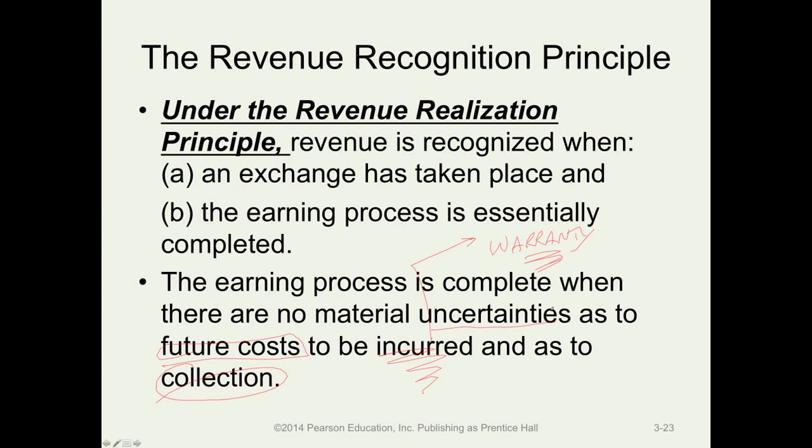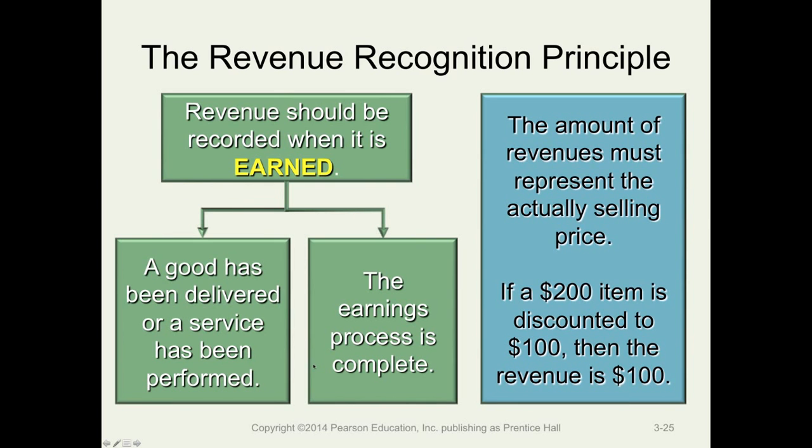So essentially, warranties exist and there are no significant uncertainties for most companies because they have experience in selling the product and they can estimate with a fair degree of accuracy how much it's going to cost them to service those products in the future. Collection, we'll see in this course that companies have the ability to determine how much of their receivables will not be collected or how much of those receivables will be bad debts. So going back to our summary, then we know that we have to have an exchange.